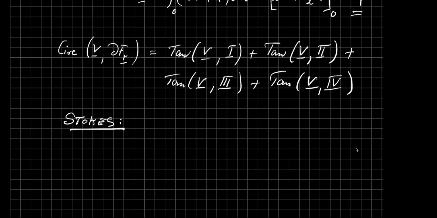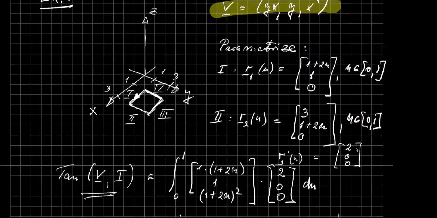Then I have the boundary. I need to have what is called the spanning surface. Let's go back and look at it.